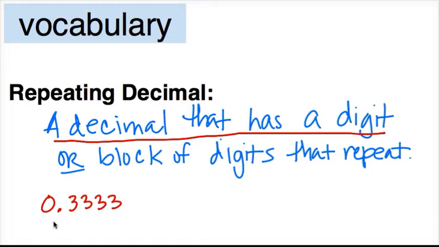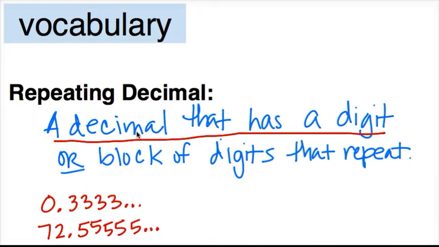0.33333. That would be where just a digit repeats. You could even have something like this, 72 with the 5 repeating. The digit that's repeating is the 5. One thing that you'll notice with these types of decimals is you'll see the 3 dots at the end. If you do not see 3 dots at the end, that means the decimal has terminated.